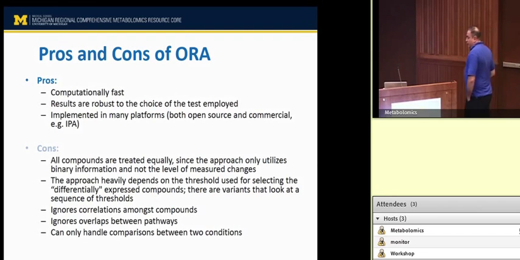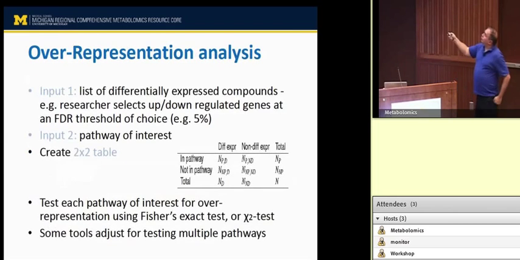However, that's why in the review paper it's called the first generation of pathway enrichment methods. It has a number of cons. One of the things is that all compounds are treated equally. Since the approach only utilizes binary information, what do I mean by binary information? At some point, you make this distinction, you set a fixed threshold, yes, maybe FDR corrected, but either you call it differential or non-differential.